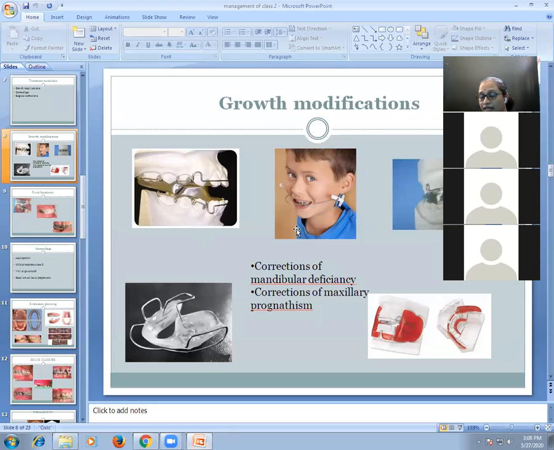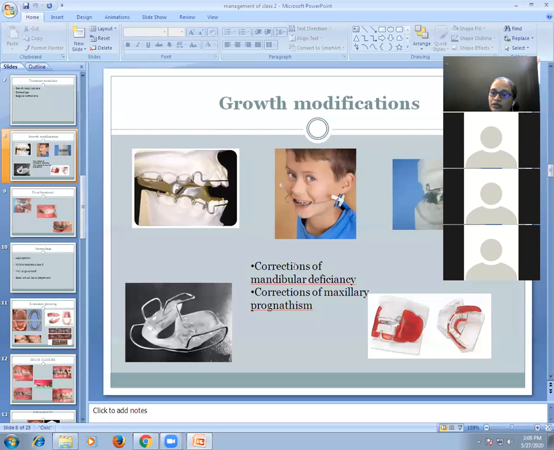Growth modulation can be considered in two ways: one, allowing growth, and second, stopping growth. Allowing growth will be from myofunctional appliances like twin block, activator, bionator, and triangle. Then there is something called an orthopedic appliance. What this orthopedic appliance will do is help in stopping or restricting the growth.